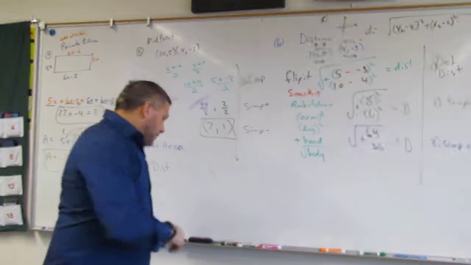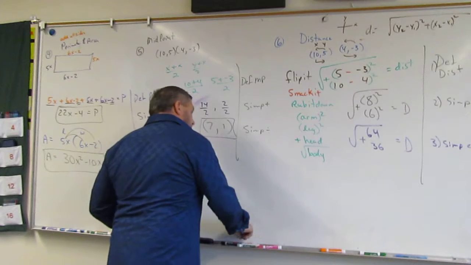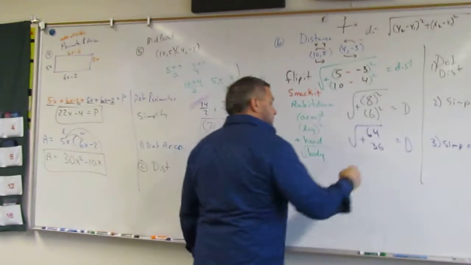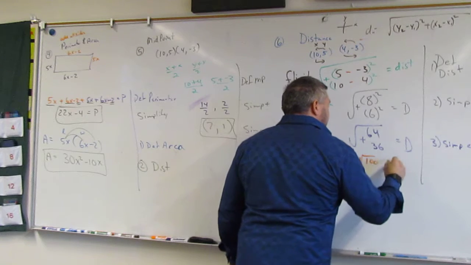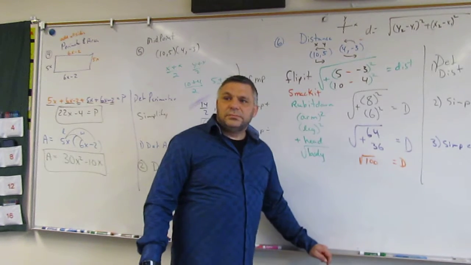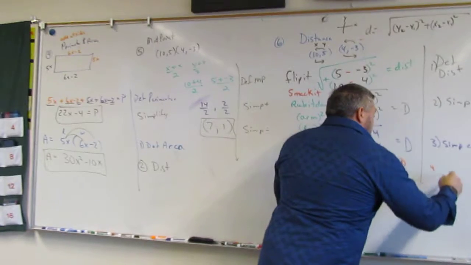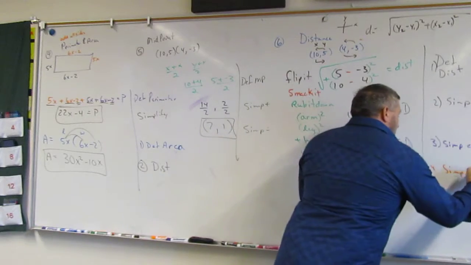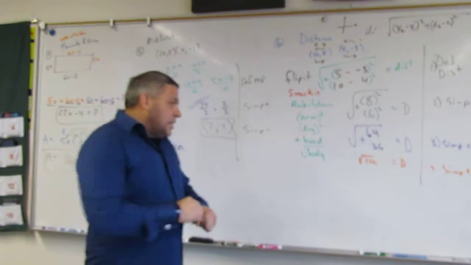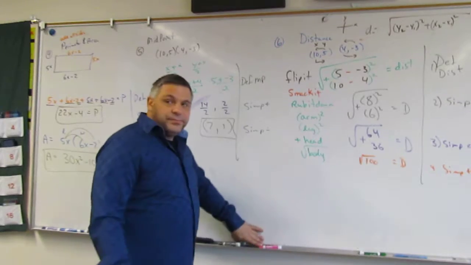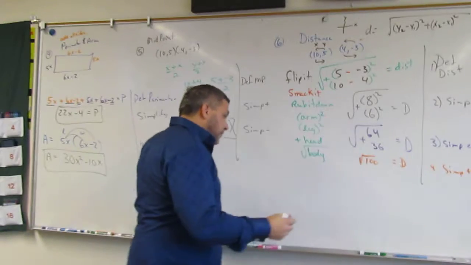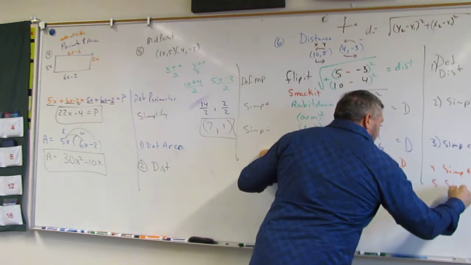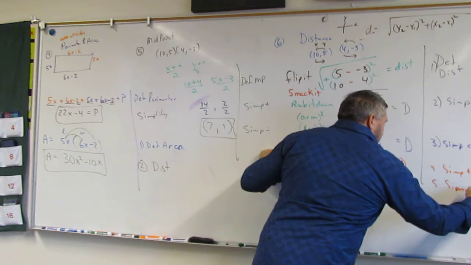Then 64 plus 36 is 100. And that is simplifying using your addition, right? And then what is the square root of 100? 10. And that's simplifying using your exponents.